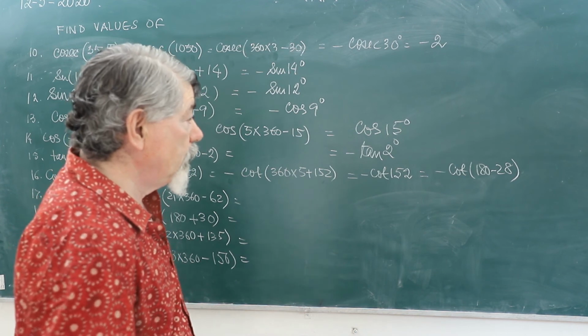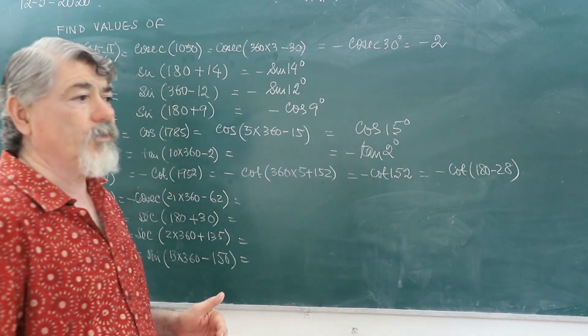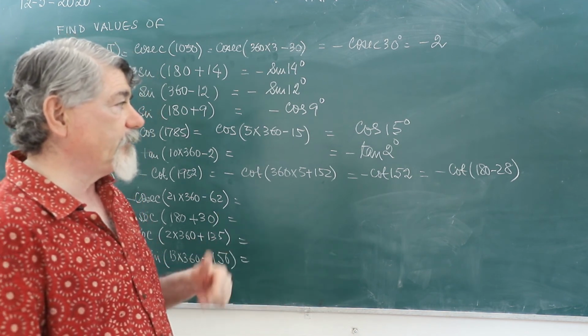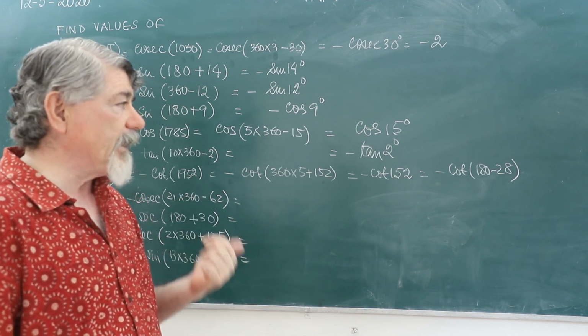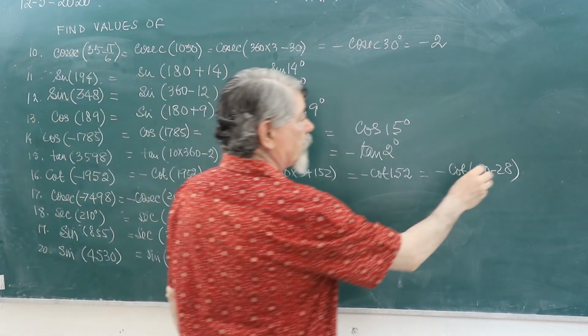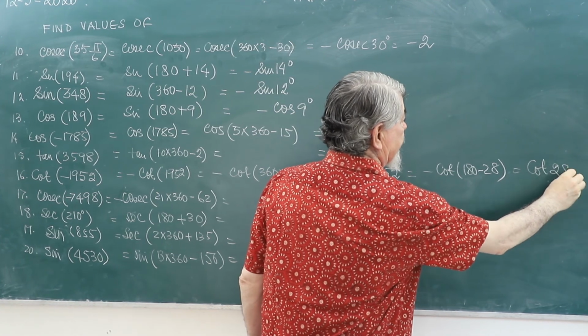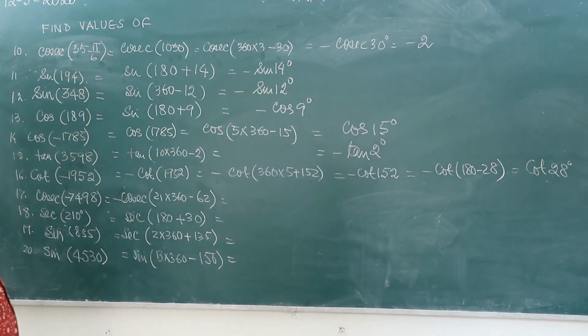Now again it will be in the second quadrant. In the second quadrant, sine and cosec are positive, the rest are negative. So cot 180 minus 28 will be minus cot 28, and it is already minus, so it will become plus cot 28. You can see the value of cot 28 from the natural cotangent tables.